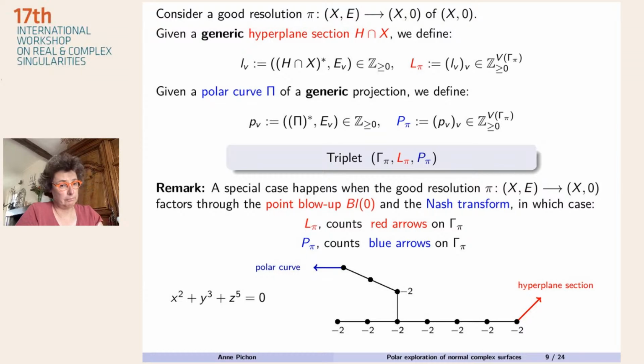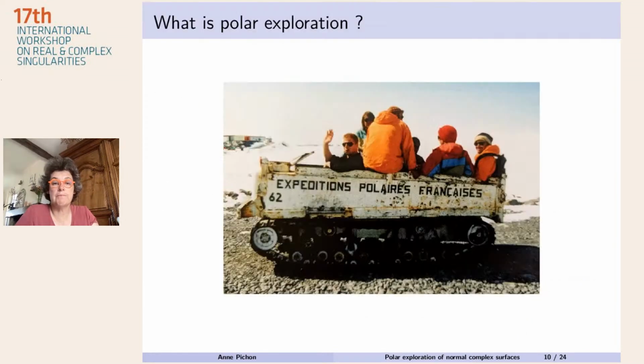For example, if you take again E8, the triplet gamma pi, L pi, P pi is simply summarized by the resolution graph factorizing through Nash and the blow-up, with the blue arrows corresponding to the polar curves and the red arrows corresponding to the hyperplane sections. Okay? And now let me go to the questions.